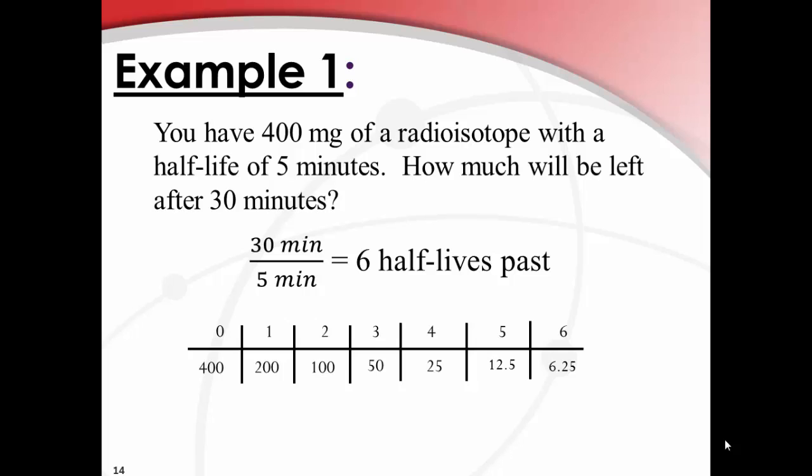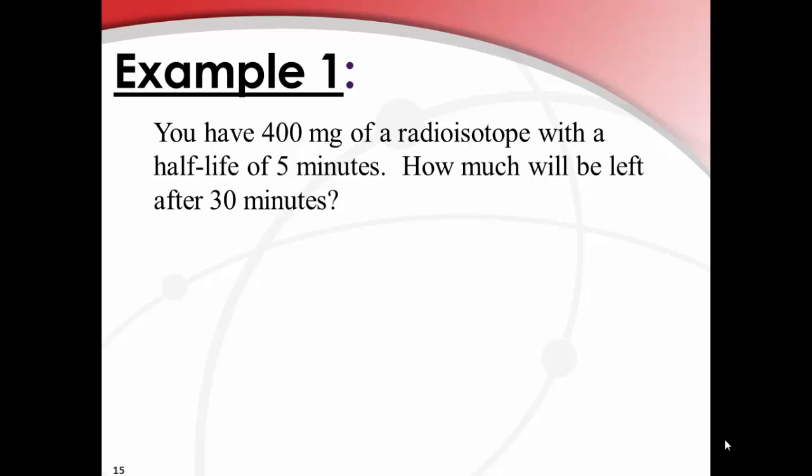Now another way to solve this is to use the mathematical equation. My original mass is 400 milligrams times 1/2 to the 30 divided by 5. And I'm going to solve 30 divided by 5 first to get the number of half-life periods that have passed by.